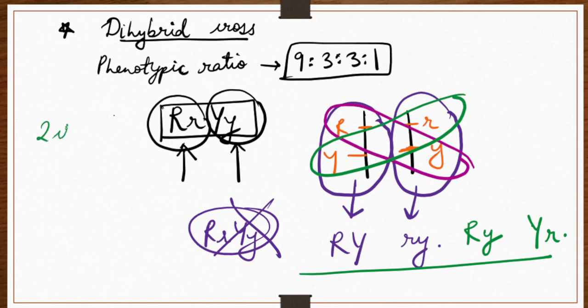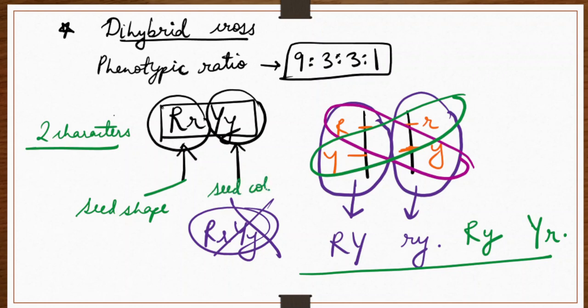So these gametes of two characters, how many characters are there? There are two characters. One character is for seed shape and another character is for seed color, right?